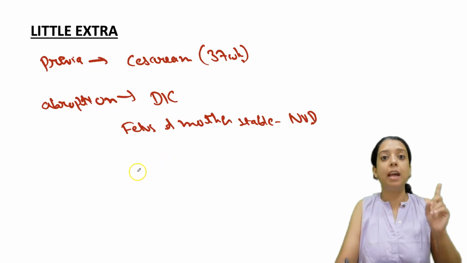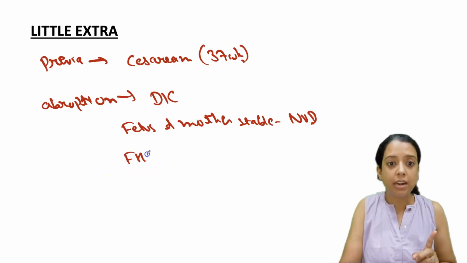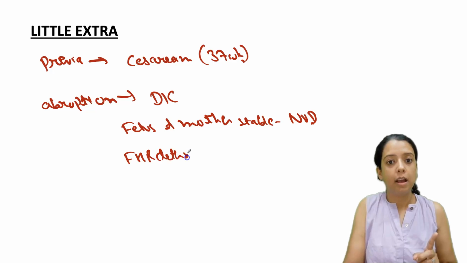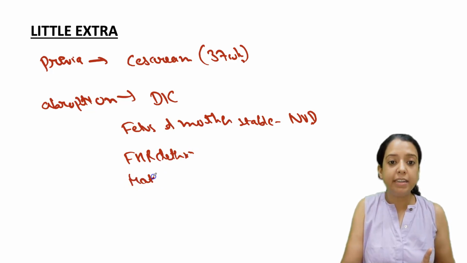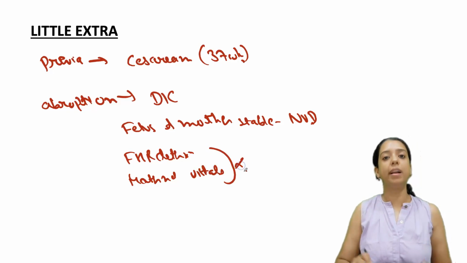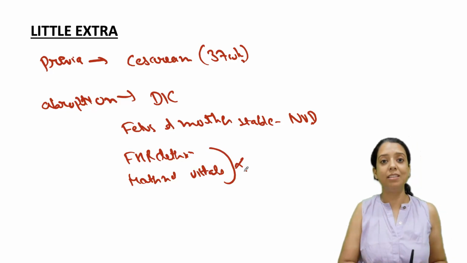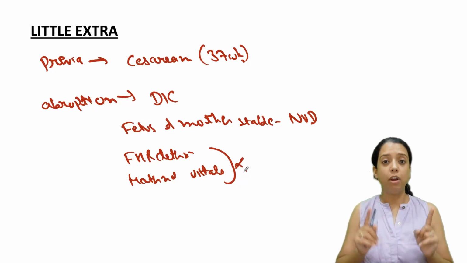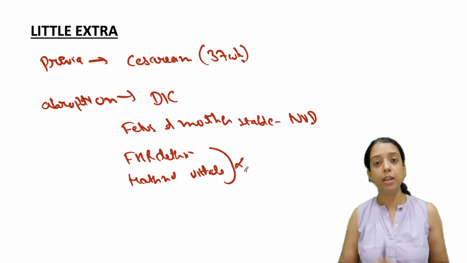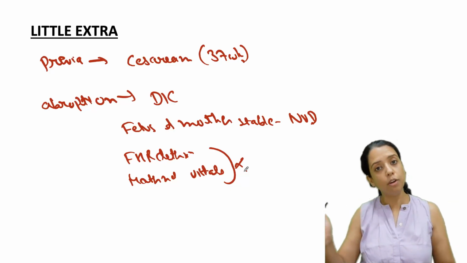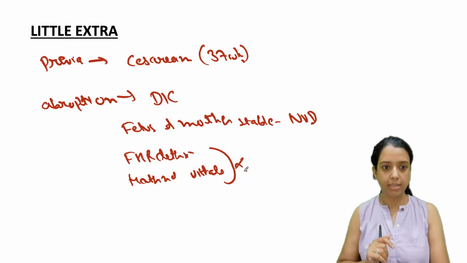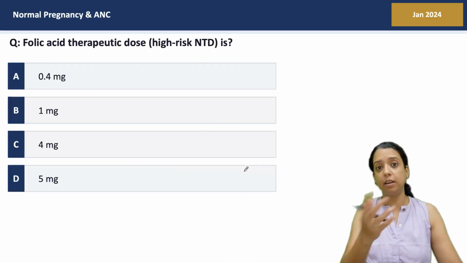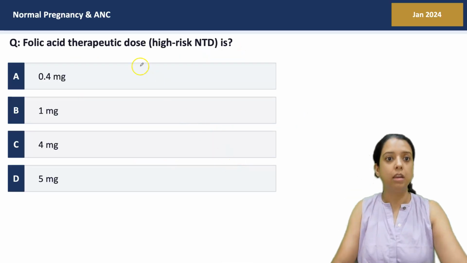We don't do cesarean unless there is FHR deterioration or the maternal vitals are disturbed. Unless fetal heart or maternal vitals are going wrong, for abruption we go for vaginal delivery. For placenta previa, we go for cesarean section. We'll keep seeing little extra points in each question.